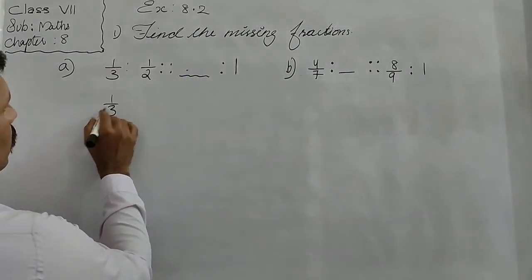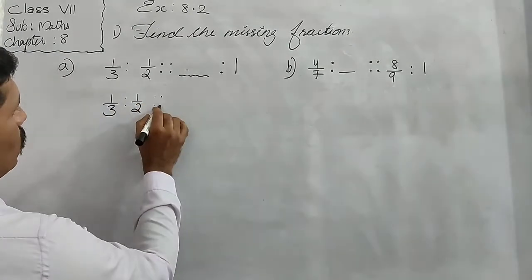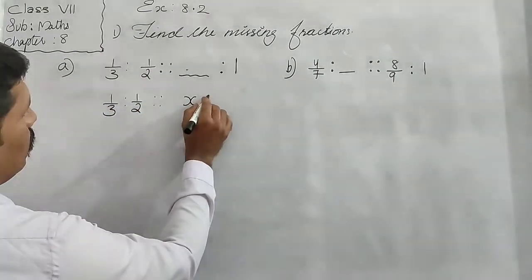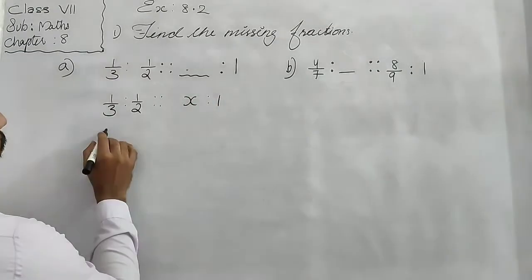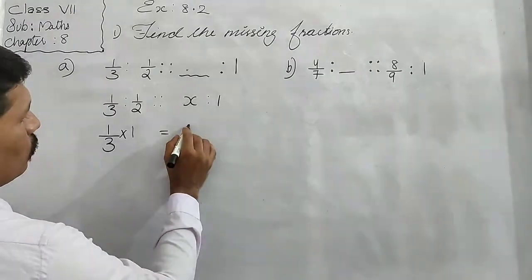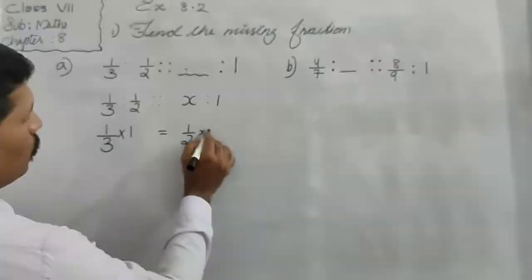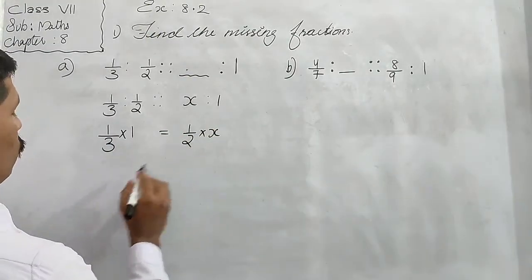So 1 by 3 is to 1 by 2 proportionate to x is to 1. And here 1 by 3 into 1 is equal to 1 by 2 into x, since the product of extremes will be equal to the product of means.